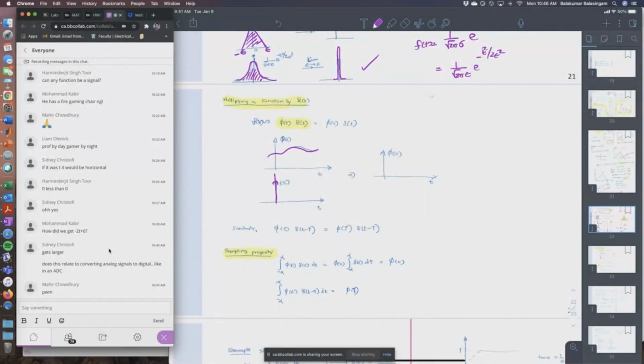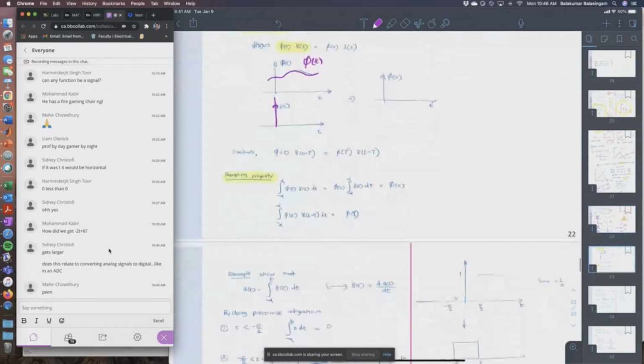When you multiply these two, the function phi t has a value for all values of t, but multiplied by delta t, it's just phi 0. Whatever value you had for that function at 0 remains, everything else is gone.